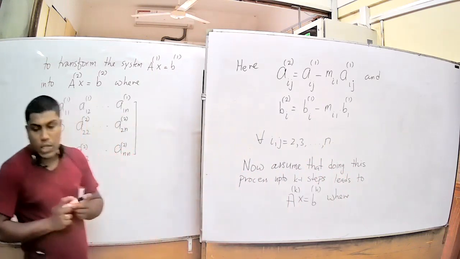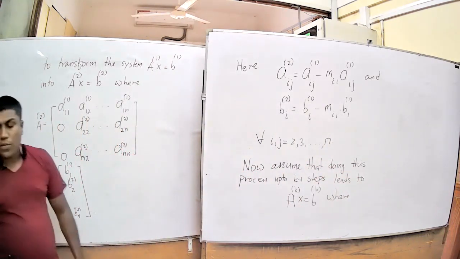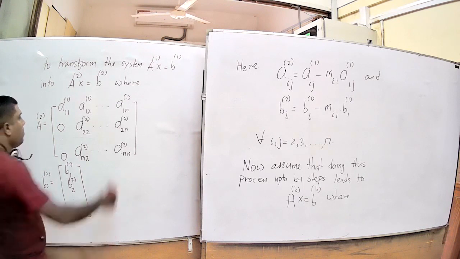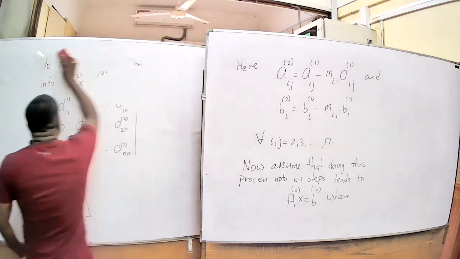So let us assume that if we do this for k minus 1 steps continuously, we get to a matrix system A(k) x equal to b(k). Remember, after the first step, you get A2. So after k minus 1 steps, you get A(k), according to our notation.